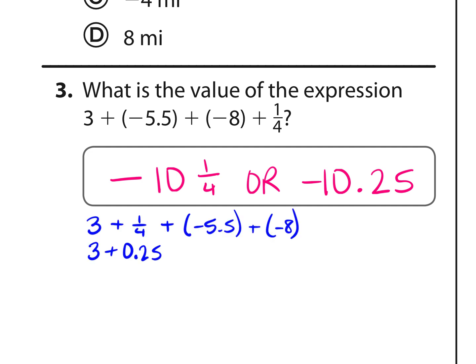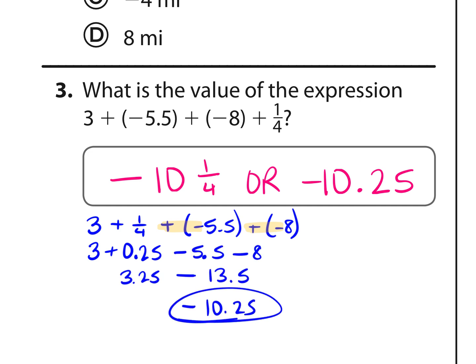And then this plus and negative, which we have on both of these. If you say a positive times a negative, you get a negative 5.5. You say a positive times a negative, you get a negative 8. So I get 3.25 minus 13.5, which is negative 10.25.